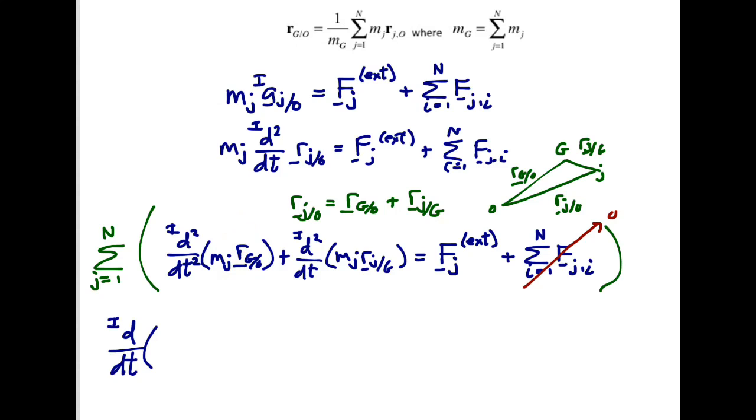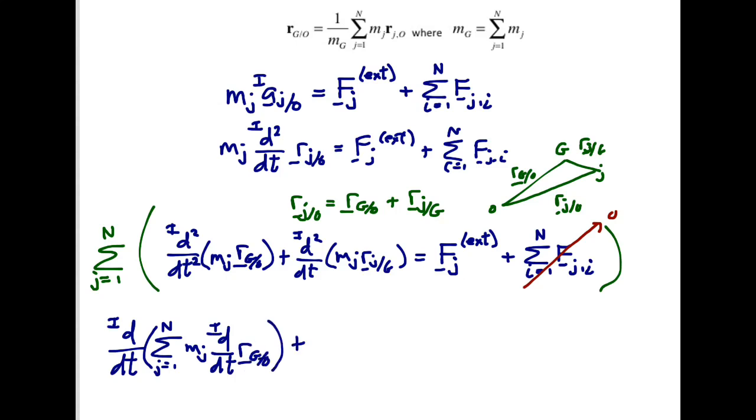And then that'll give us our summation from j equal to 1 to n, and then we'll have our mass, mj. And then let's put this next time derivative, because we're splitting our derivative into two things, onto our position vector. And so when we do that, we end up with a d dt with respect to I of r g with respect to o.